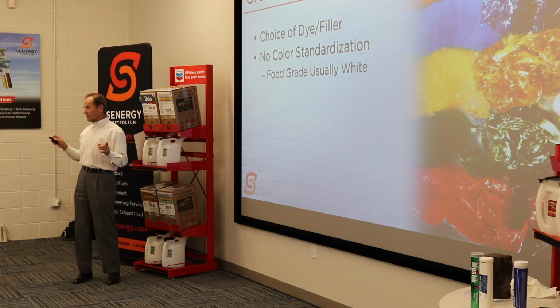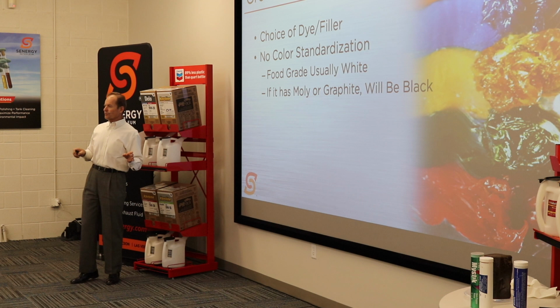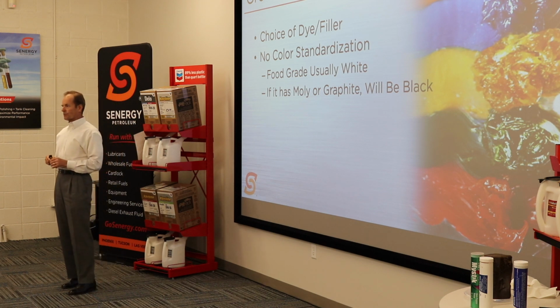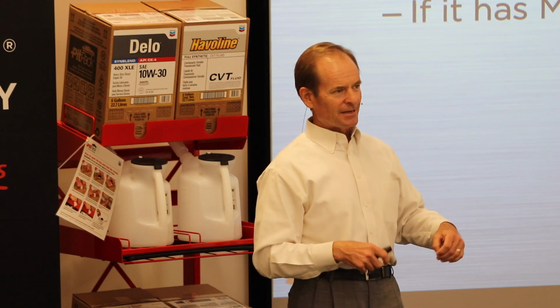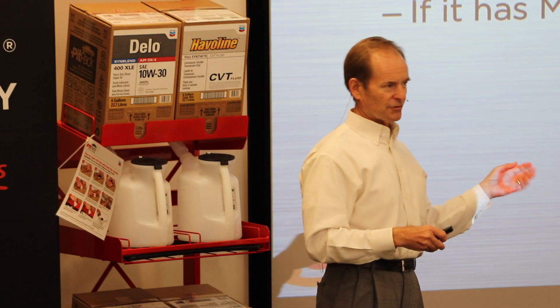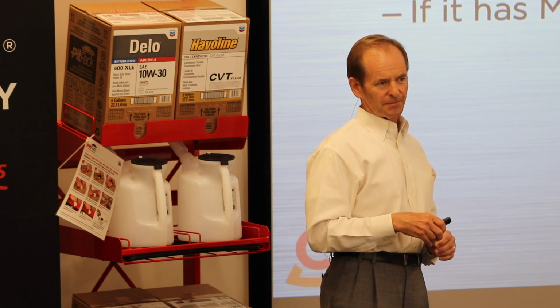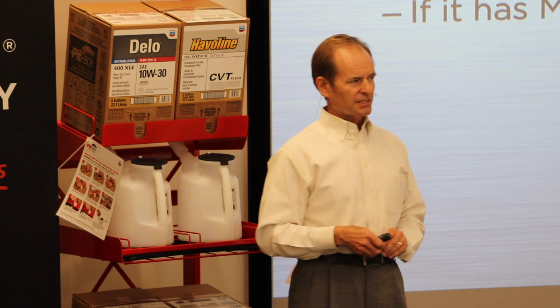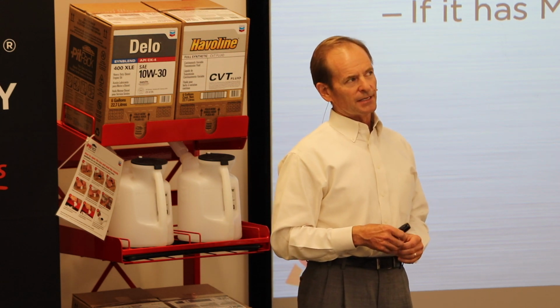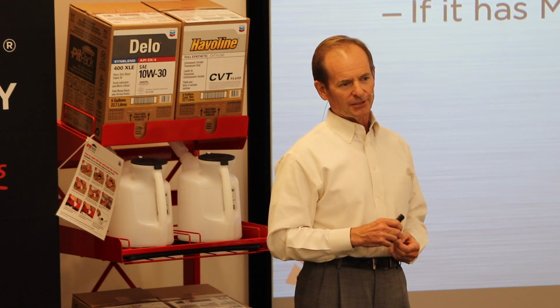Another item to note about color, if your grease has moly in it or graphite in it, your color will be black. Okay? You can't dye a moly or a graphite grease and make it come out another color. There is one company out there that has these additives that they say are clear moly and clear graphite.